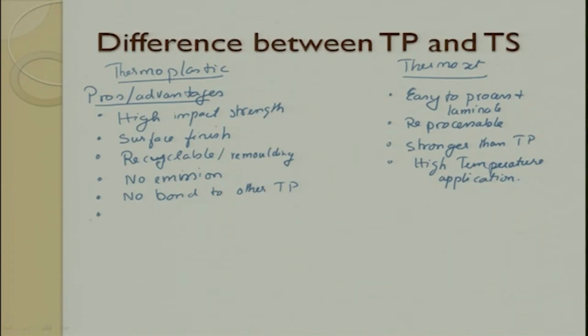So, what are the disadvantages? The first disadvantage is it will soften when it is heated. This is one of the big disadvantages, so it cannot be used in high temperature applications. It is not prototype friendly.